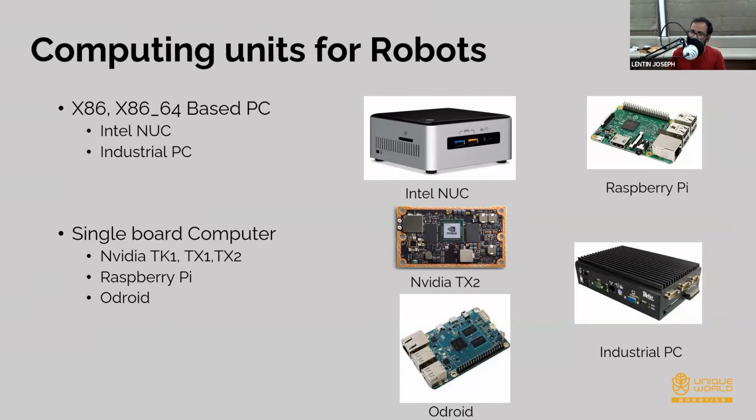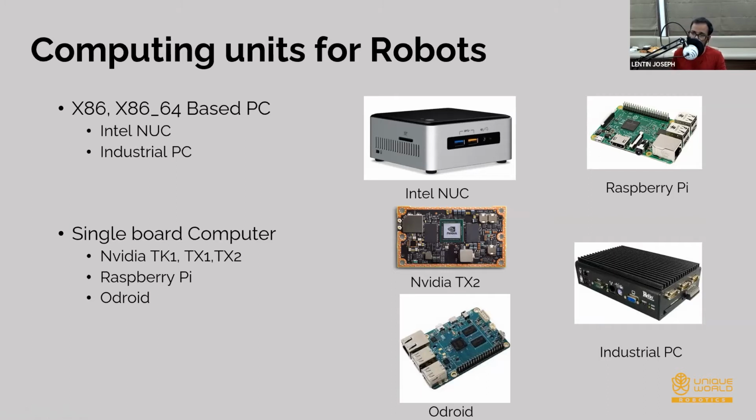So mostly when you work with robotics, we prefer small form factor computers. Very small computers which still have a lot of computation power. Imagine Raspberry Pi, NVIDIA TX2. These are all categorized as single board computers.